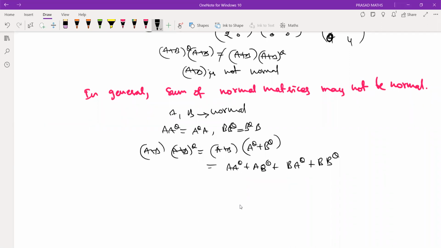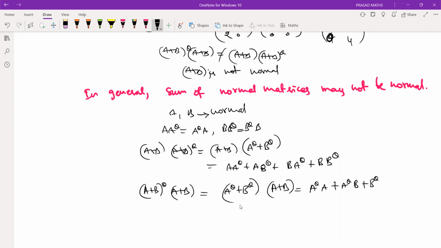Now compute A plus B whole theta into A plus B. A theta plus B theta into A plus B equals A theta into A plus A theta B plus B theta into A plus B theta into B. There is no problem with the first and last entries because these two are equal, since they are normal matrices. What is the problem? The middle portions may not be equal.